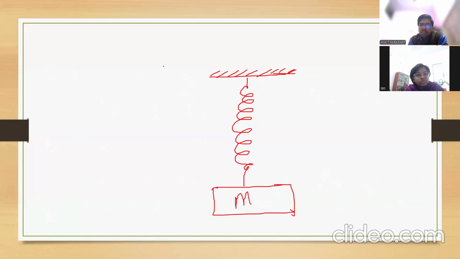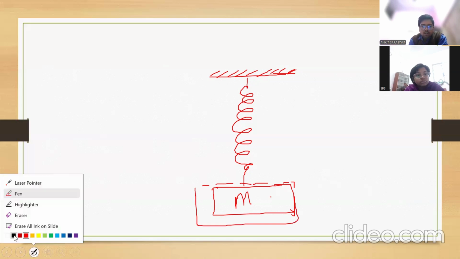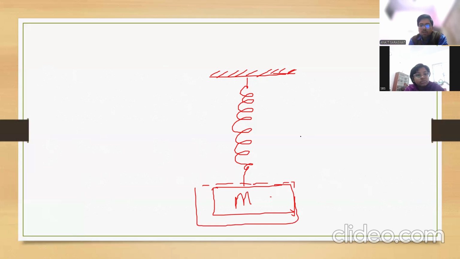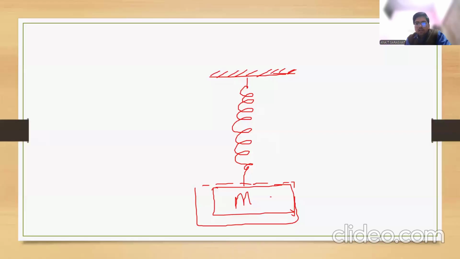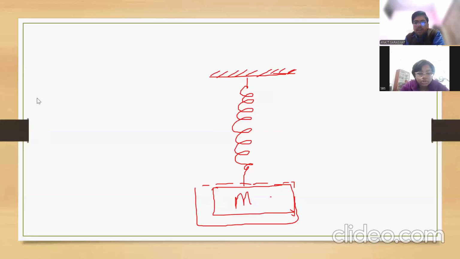Sir, if I ask you to draw the free body diagram of this block only, then you are drawing like this. Now see, if I attach any block with a spring, how many systems are in this? What are the things you are looking at? First, fixed support.